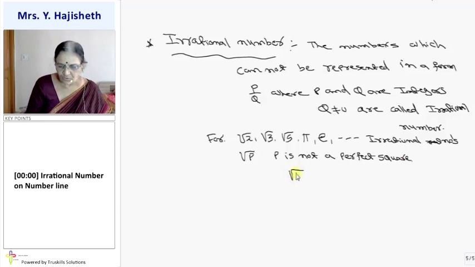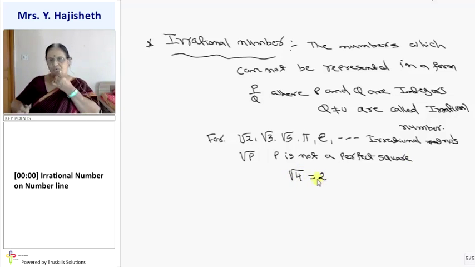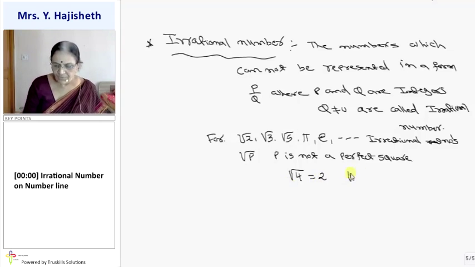Suppose square root of 4, it is 2. Actually there are two roots, plus 2 and minus 2, but where nothing is given outside, we always take positive square root. Square root of 9 is 3.